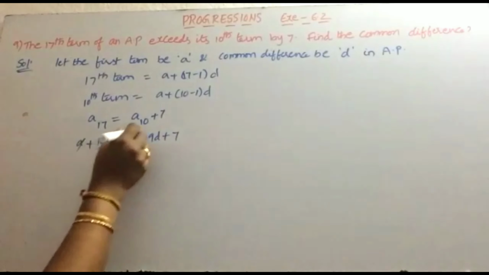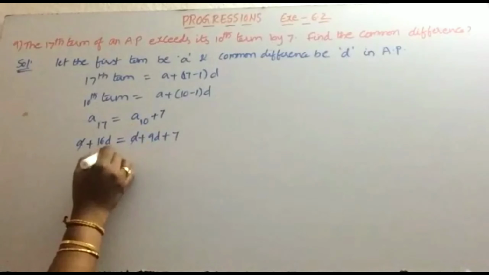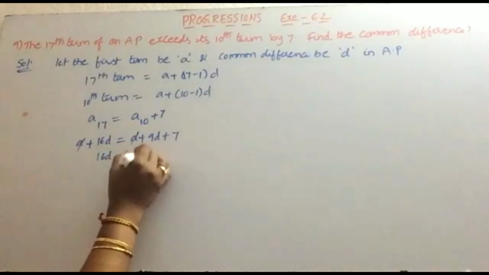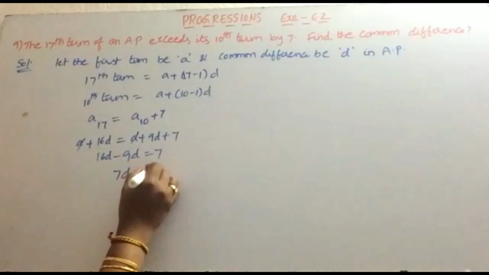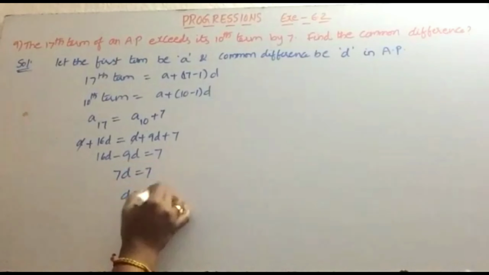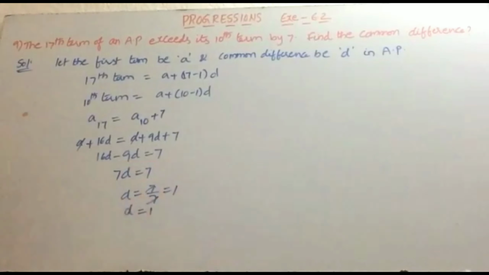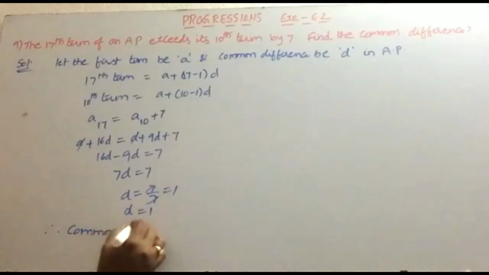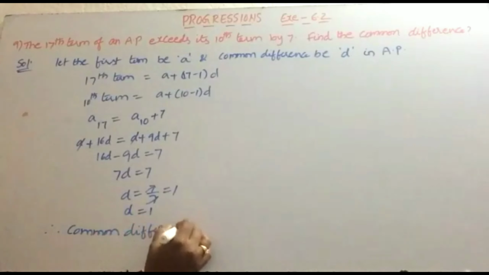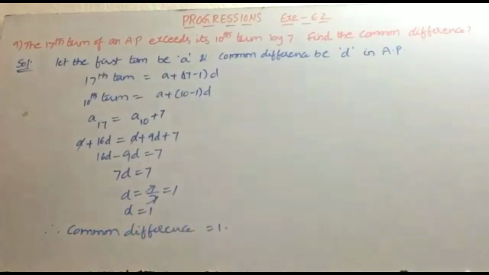So A gets cancelled and 16D minus 9D is equal to 7. 16 minus 9 is 7, so 7D is equal to 7, D equals 7 by 7. So D is equal to 1. Therefore the common difference is 1.